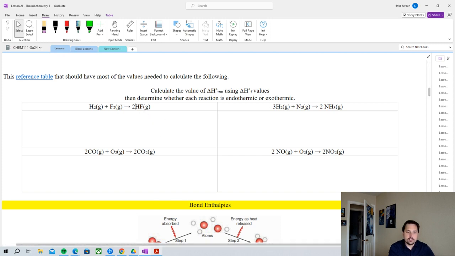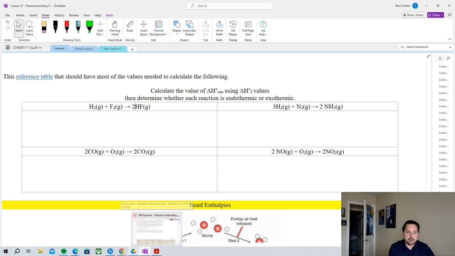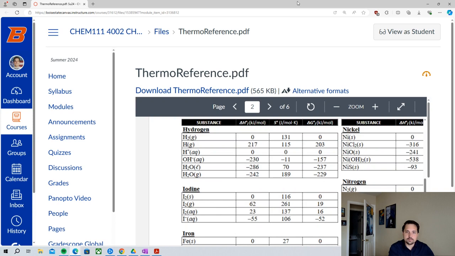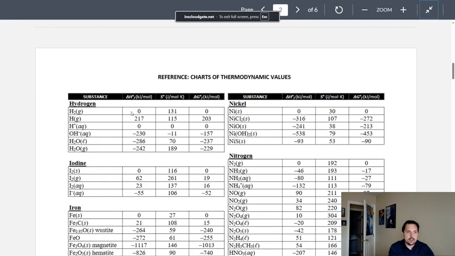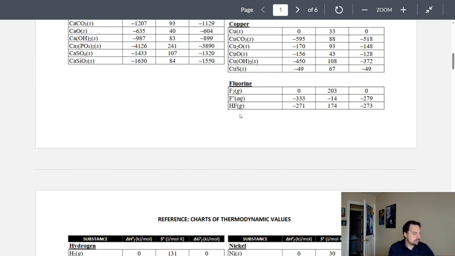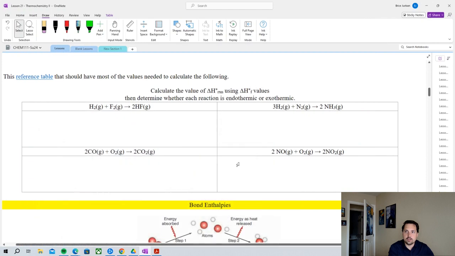So if I go and try to calculate this one, we're going to find in the table that hydrogen has a delta H of 0, fluorine has a delta H of 0, and HF has a different value. It's negative 271. Okay, so that is the value we're going to need, negative 271.